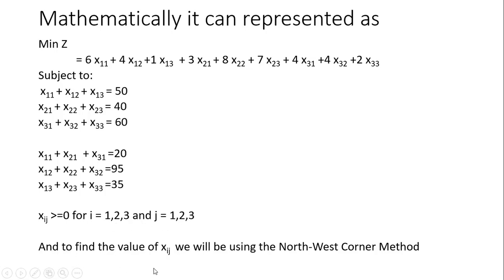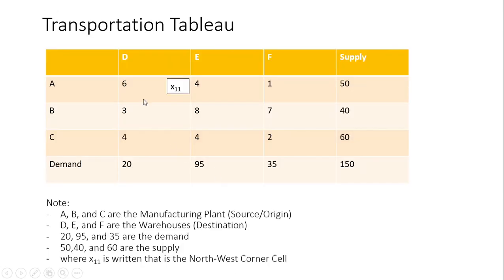To find the value of this xij, we are using the northwest corner method, or northwest corner rule. Starting with the method, first of all, we have to prepare a transportation tableau and note certain things on this. A, B, and C are the manufacturing plants given in the question, or in technical terms, the origin points, supply locations, or sources.